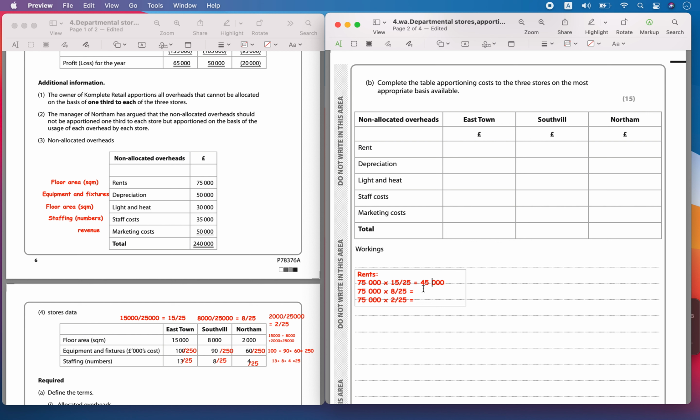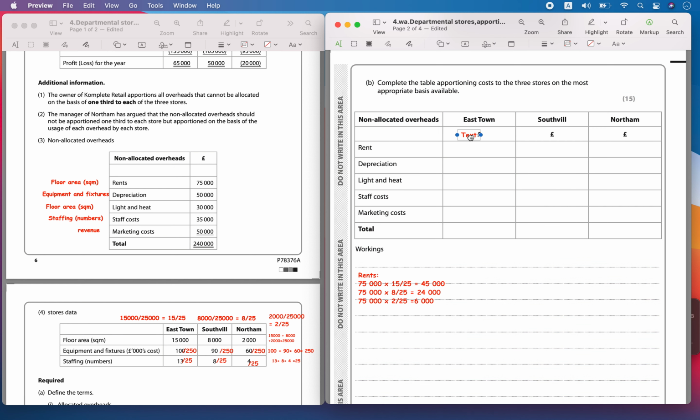The second one, when you calculate, will come up to 24,000, and the third one, 75,000 times 2 divided by 25, will come up to 6,000. You can also check, when you add all this up, it should come back to 75,000. It should be the same amount.